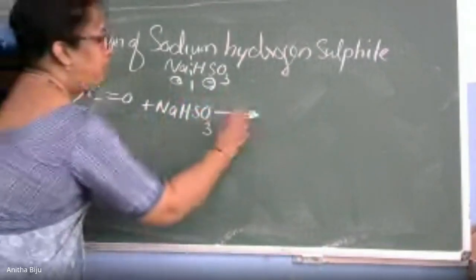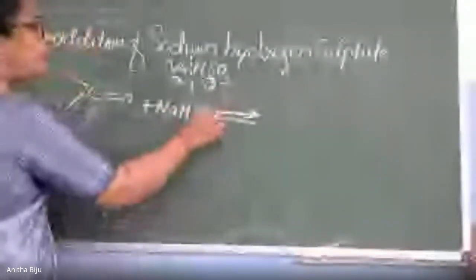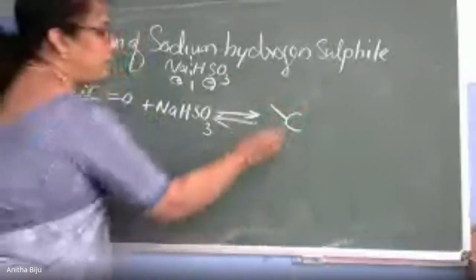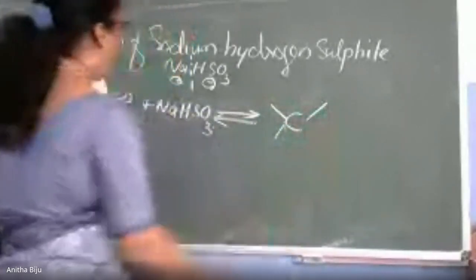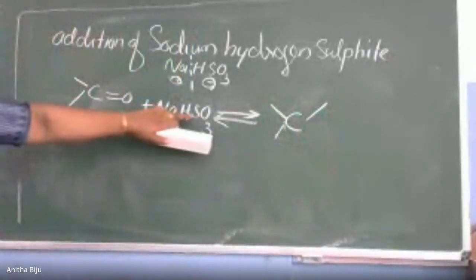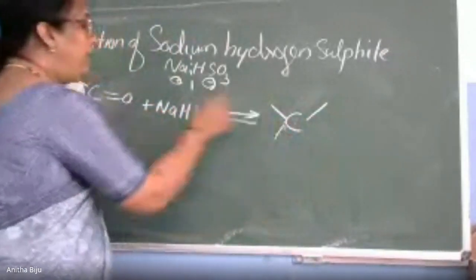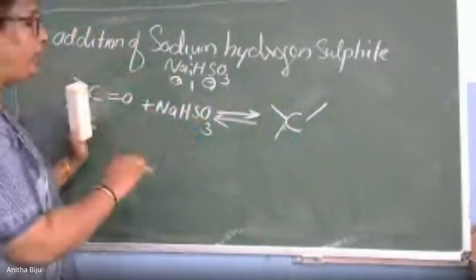First step will be addition of this part. So what is the product obtained? C, and here we have the negative part. What is the negative part? Negative part is attached to the carbon atom.